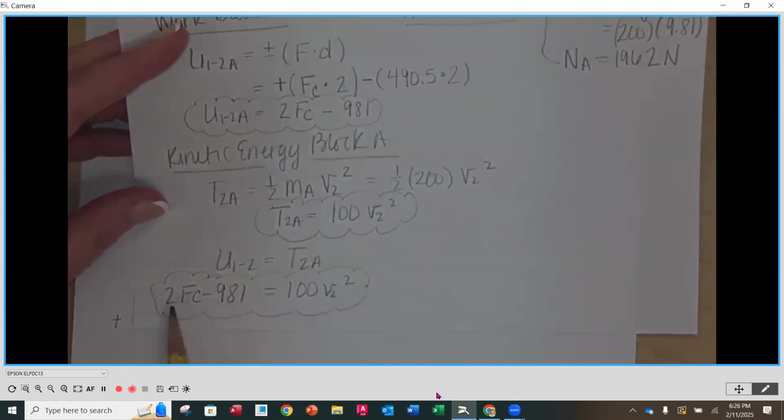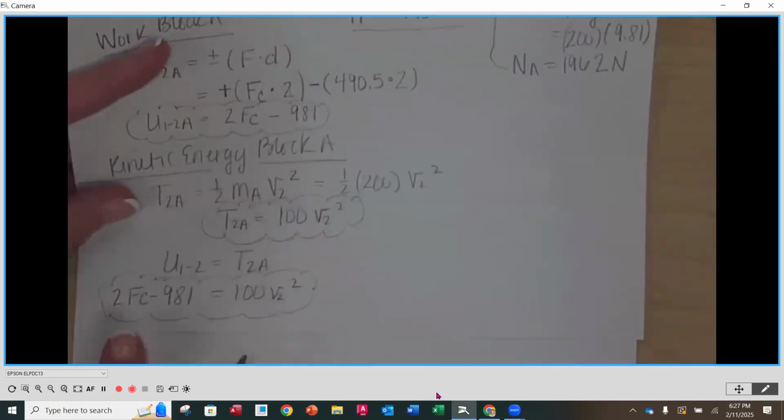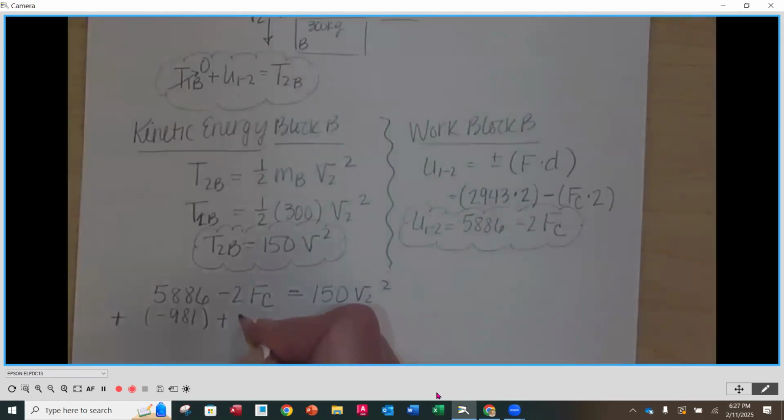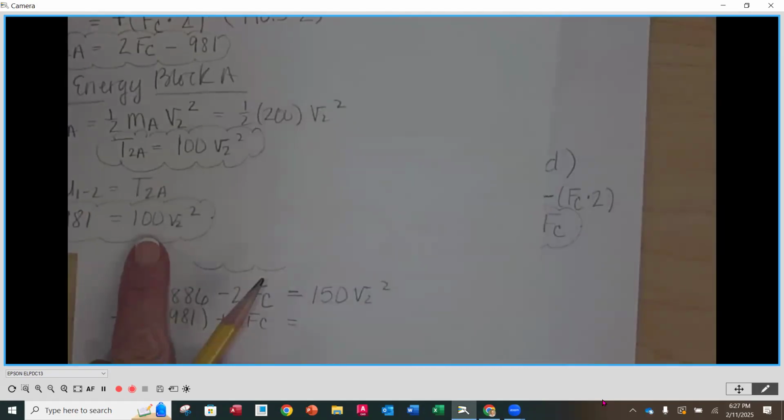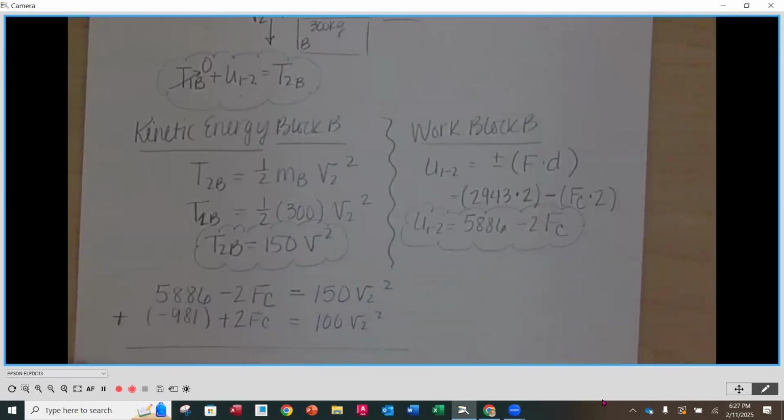So I'm going to line up the like terms here. I have negative 981, so I'm going to add negative 981 to put it underneath the whole number here. And then I'm going to have plus 2FC is equal to 100 V2 squared. Now notice that our two FCs cancel out, right?